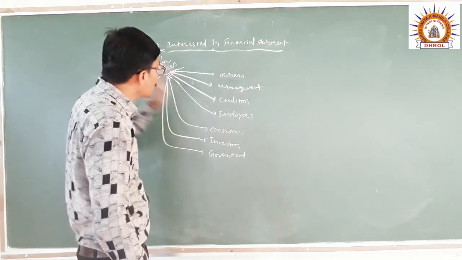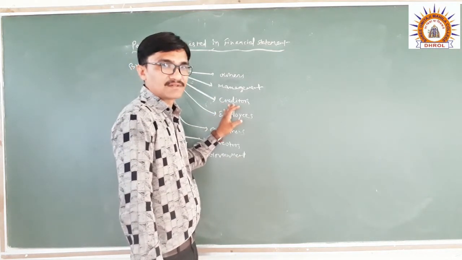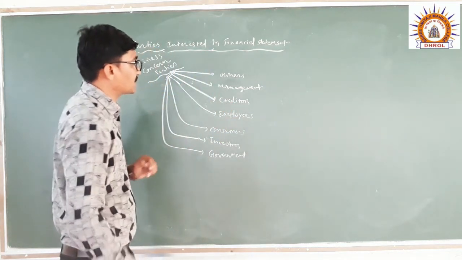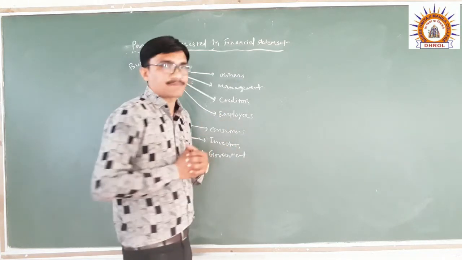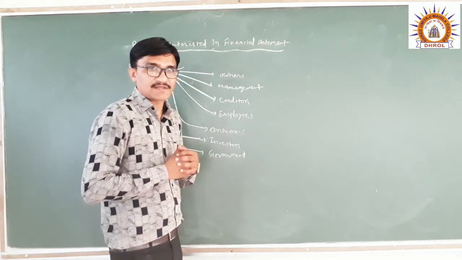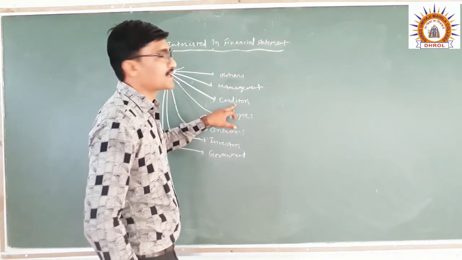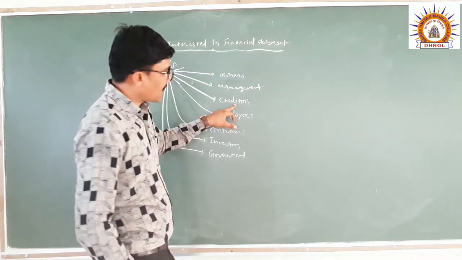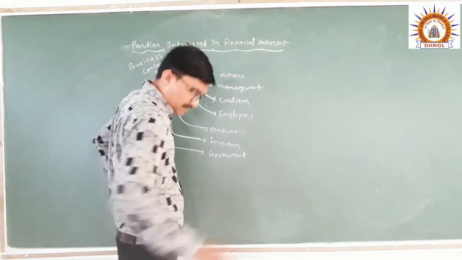Then the third party is creditors. How is the financial statement useful to the creditors, and for what purpose do they want to know it? The creditors are parties who give credit to the companies.